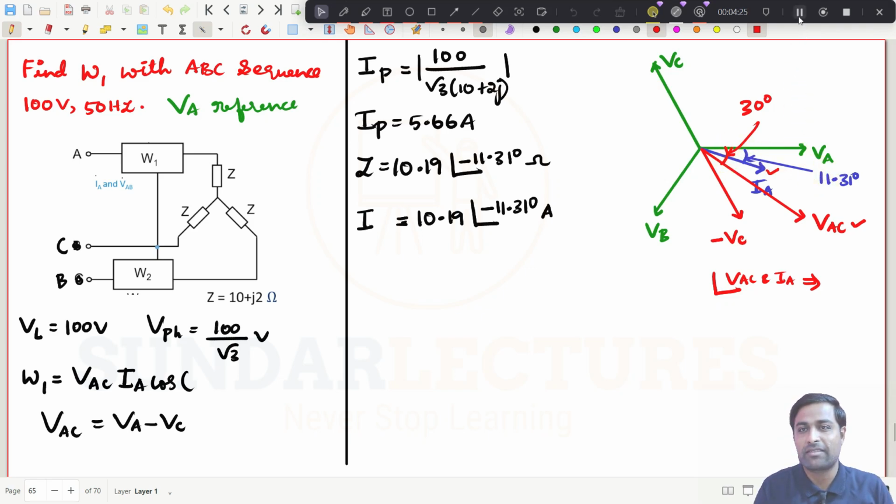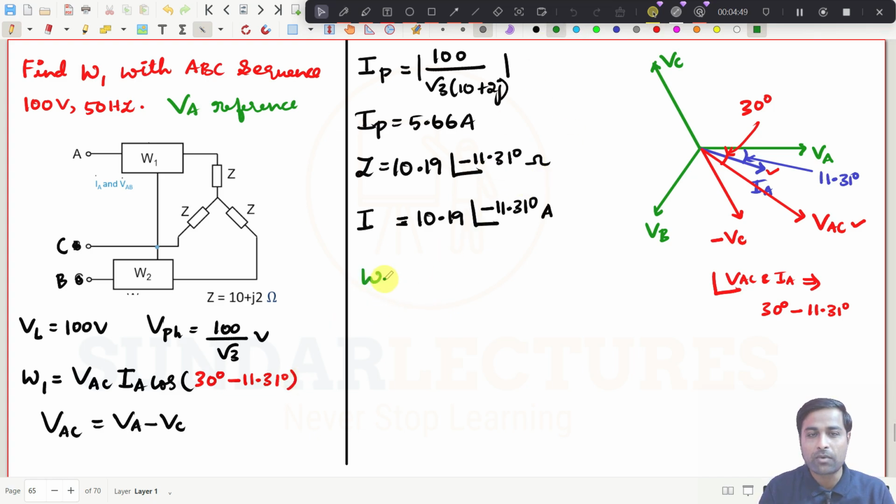Try to understand: 30 degree fully, and you have to subtract this angle. So this will be 30 degree minus 11.31 degree. Simple, right? Can you understand?